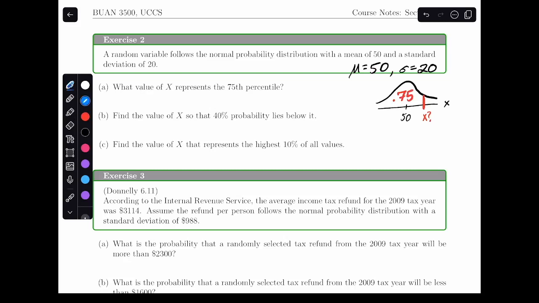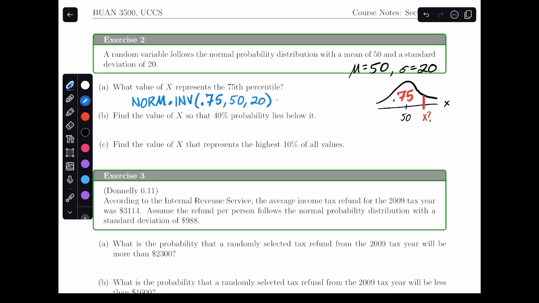So to do this, what we could do in Excel is use norm.inv. Now we're going to have INV instead of .dist, and I'm going to plug in the total area to the left of the x that I'm looking for. So here I would plug in 0.75. And then I need to tell Excel again what the mean and standard deviation are.